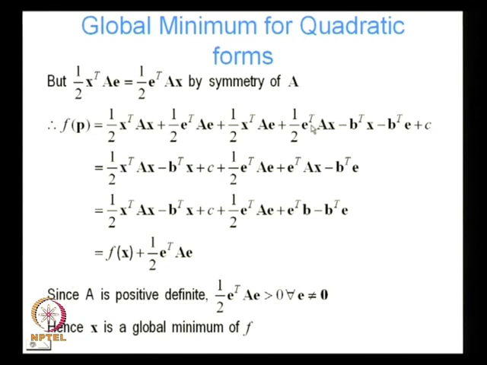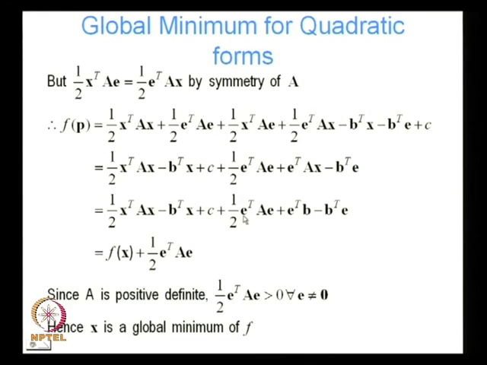Since these two terms are equal, I can sum them together and replace them with e transpose Ax, and then I have this term left which is b transpose e.